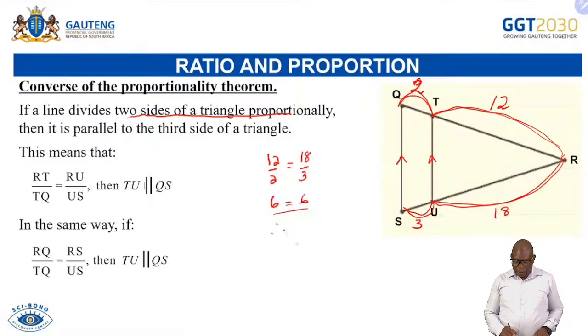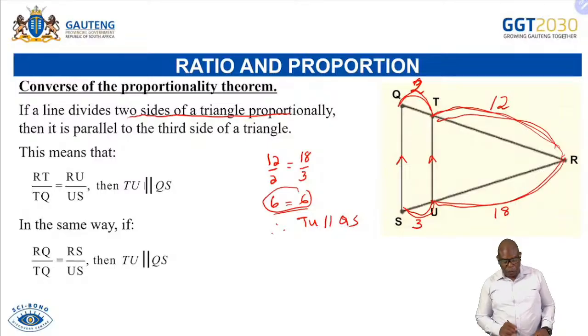Therefore, I can then say this line here, TU, is parallel to QS. That's my conclusion, because I've already seen that the ratios are in the same proportion. So this is what the statement is saying: RT over TQ equals RU over US. Therefore, TU and QS are parallel.